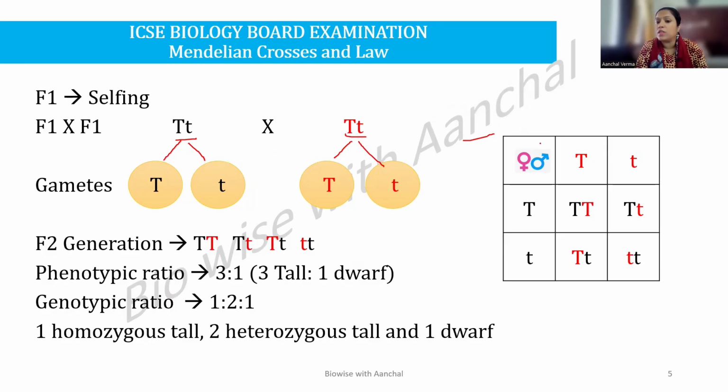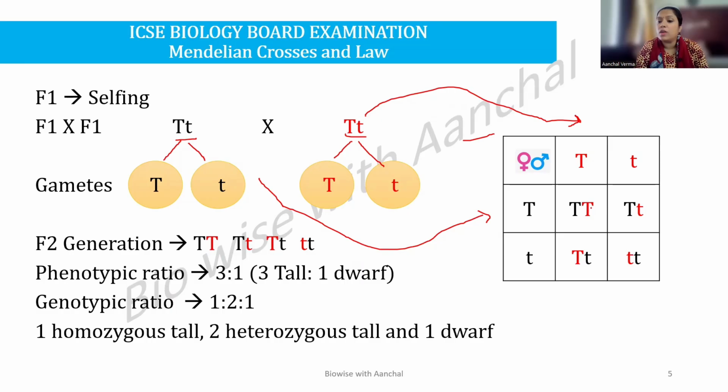This is how the Punnett square is formed, where one side gives you the alleles of one parent, and here you have the gametes of the other parent. Then you write the combination, combine and write. Always remember, the capital letter has to be written first, the small letter later. So capital T and small t: though here it is small t, it will be written after capital T, because capital T gets the first place.